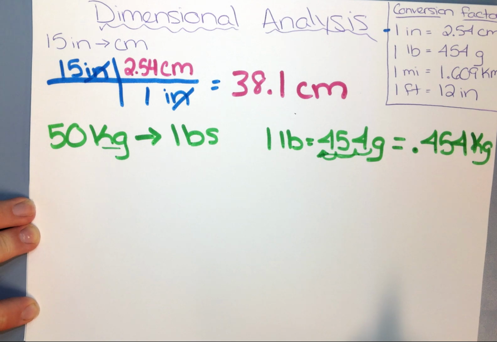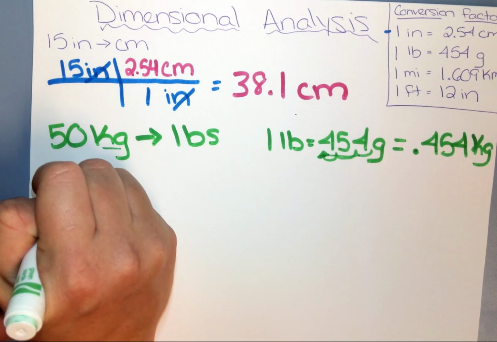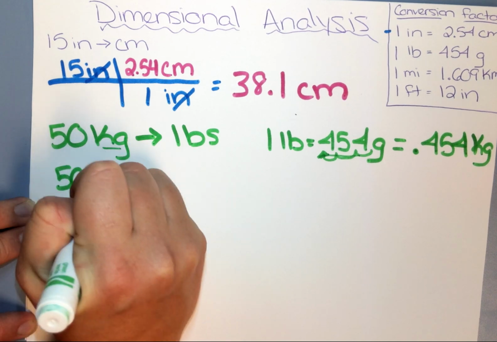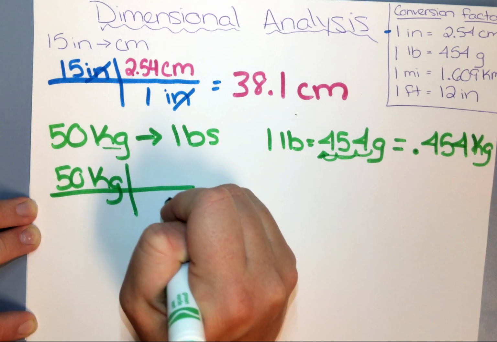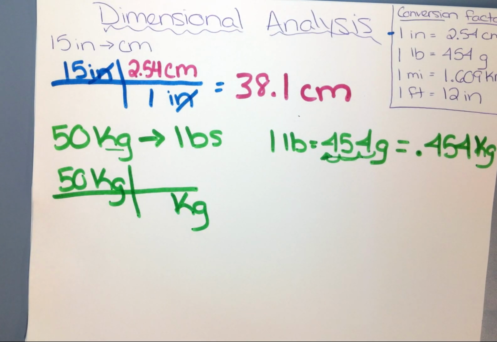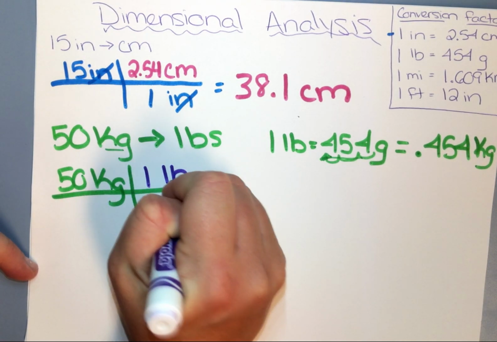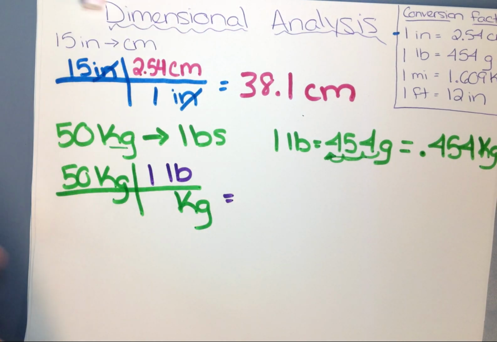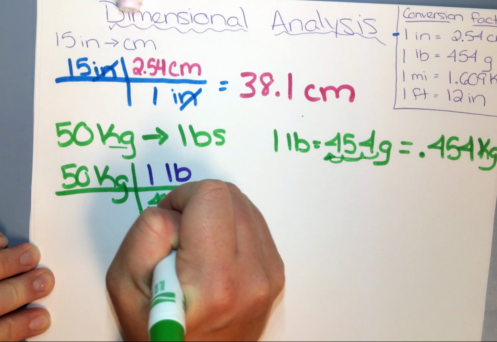So now I'm able to plug it in just like I did up here. So I started with 50 kilograms. Kilograms is on the top, kilograms is going to go on the bottom. And I know that in 1 pound, I have 0.454 kilograms.